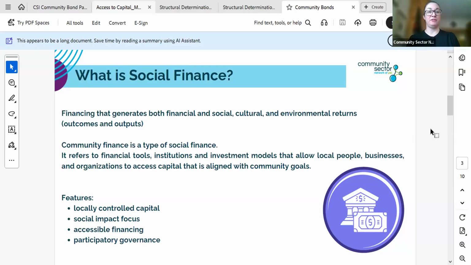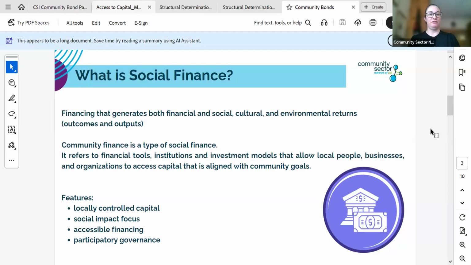So that's what we're interested in from a nonprofit perspective in terms of revenue diversification and social enterprise: generating those financial returns so that we can continue to do the work that we're doing, but we also want to really tie in social, cultural, and environmental aspects to it. And those are the outcomes and outputs that you're looking for when you're doing your impact measurement evaluation.